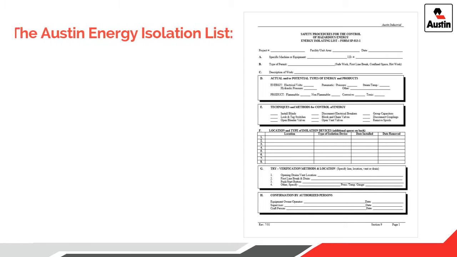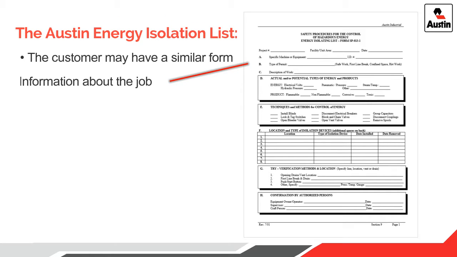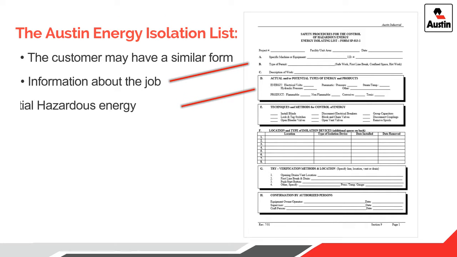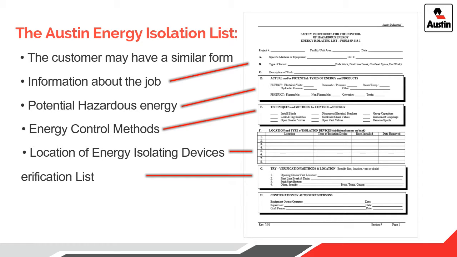First, anytime we are performing a lockout, tagout, we have to list what is being locked out. This is accomplished using an Austin energy isolation list, or the customer will have an energy isolation list or energy isolation plan or energy control procedure.